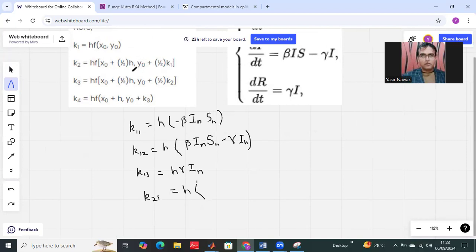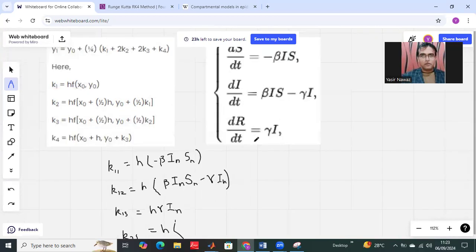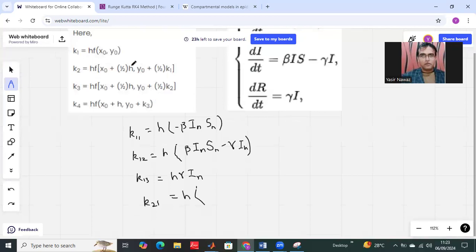This can be used for the independent variable if the equation contains an independent variable x. If the equation does not contain any independent variable, here the independent variable is t, only the derivative is there, but there is no term containing the independent variable, so I will just use the second component.